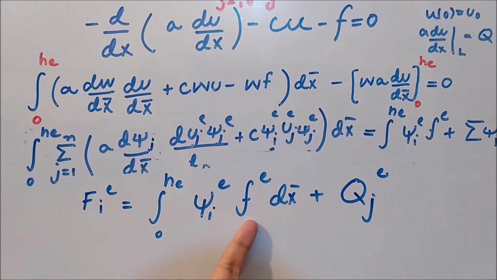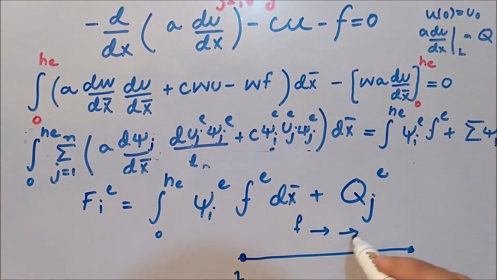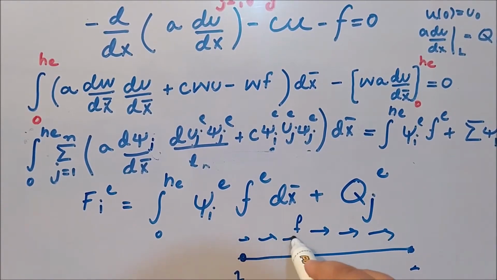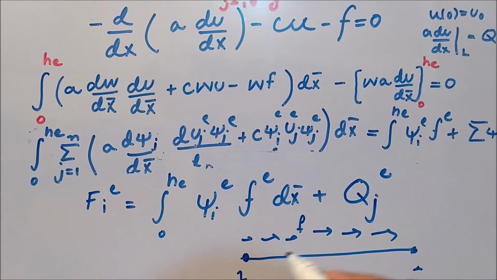Here there is no subscript for this f because it is distributed over the whole element, not just on the nodes. For example, this is the first node and this is the second node, so this f is distributed all over this element from node 1 to node 2. Whereas capital Q represents a force at a certain node of an element.